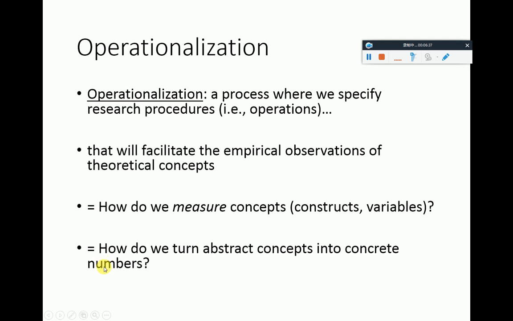Another way to understand this question will be how we can make something that's very abstract into something that's more concrete, such that we can have more confidence in our observation. Okay, so measurement, specifying research procedures, specifying research rules. These components constitute the process that we call operationalization.